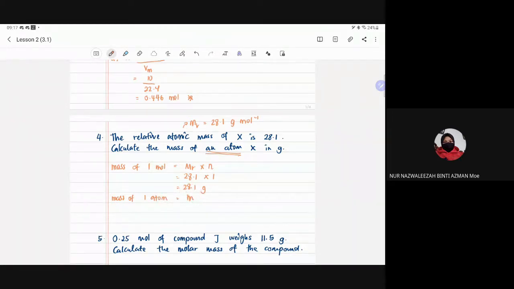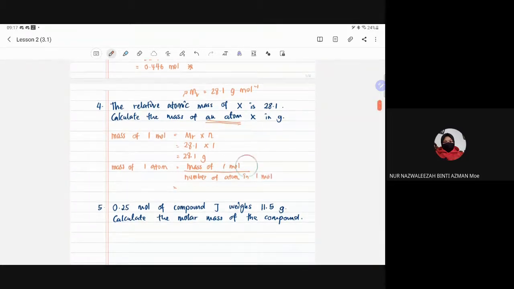Now, to find the mass of one atom, mass of one atom is equals to mass untuk 1 mole divided by number of atoms in 1 mole. So we will get mass of 1 mole is 28.1.